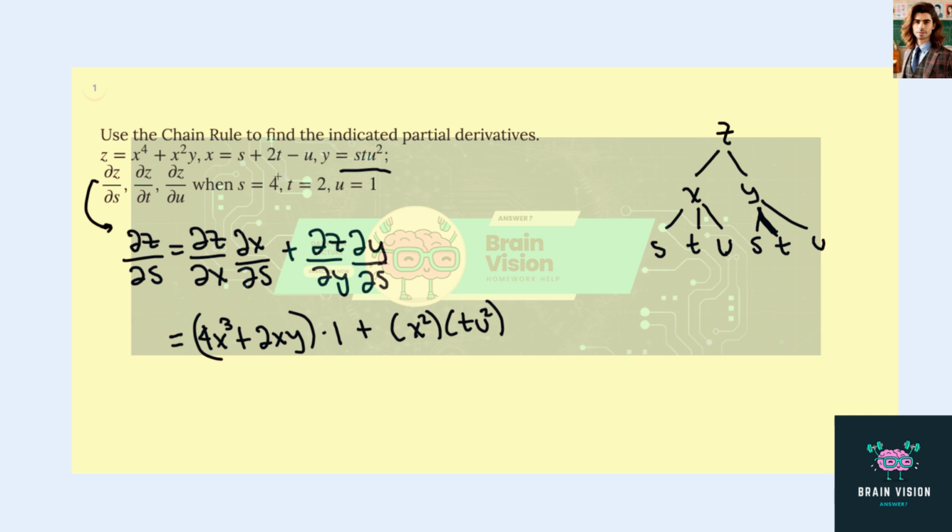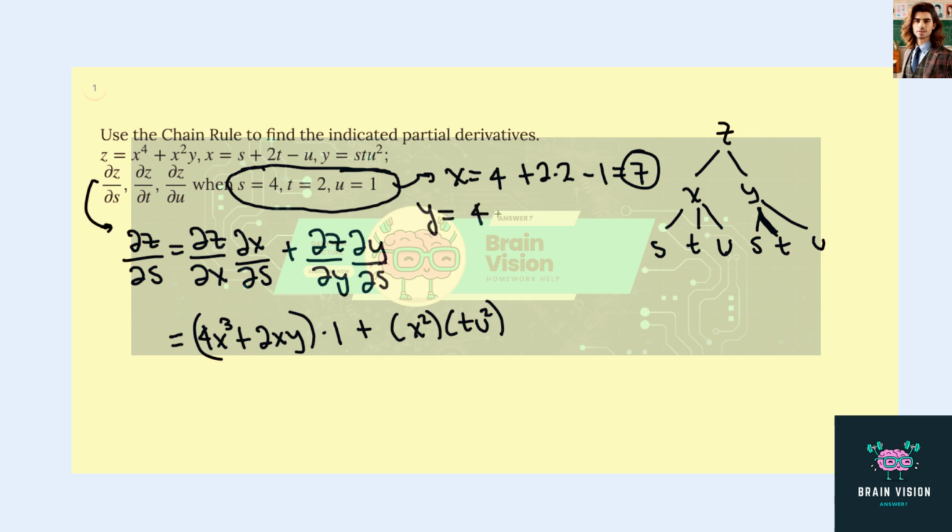So we can't quite stop yet because we want to find the numerical value by plugging in this point here. So we should also find x and y. So x is s plus 2t minus u, so we have 4 plus 2 times 2 minus 1, so that gives you a 7. And then y is s times t times u squared, giving you 8.